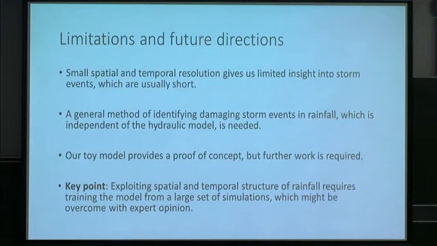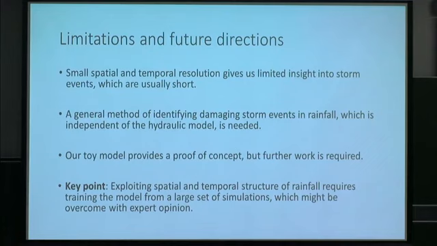However, the way we simulate rain is by just looking at the total amount of rain that's fallen on a certain day, whereas we know that storms normally take a much smaller amount of time, it can be a couple of hours.